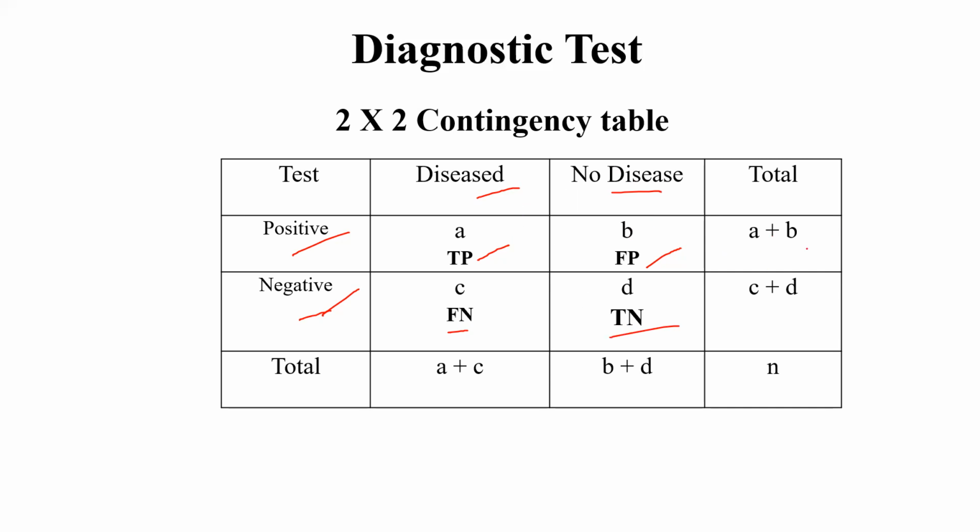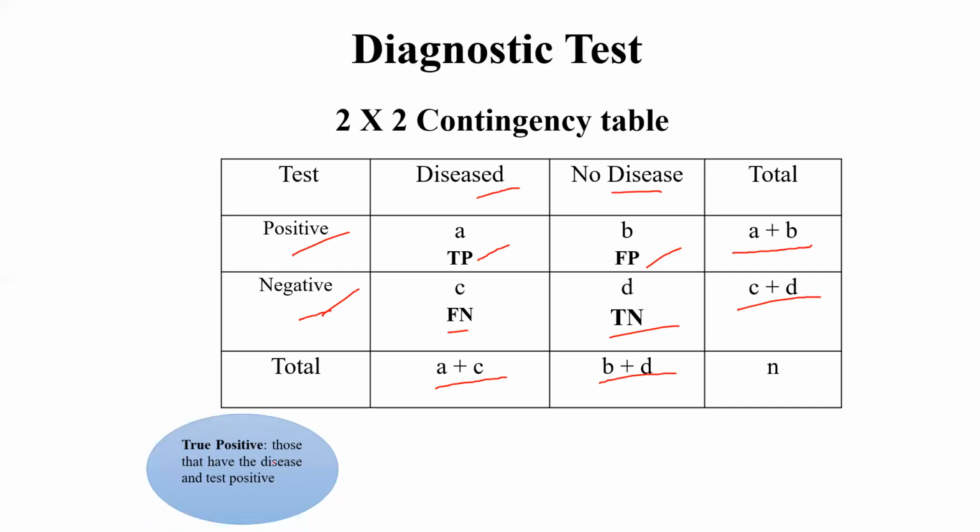So the total positive reports are A plus B, the total negative reports are C plus D, the total diseased persons are A plus C, and the total non-diseased persons are B plus D. Now the point is, what is true positive? True positive means those who have the disease and the test is positive. And what is false positive?